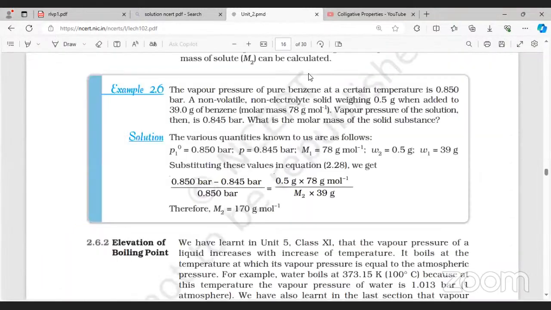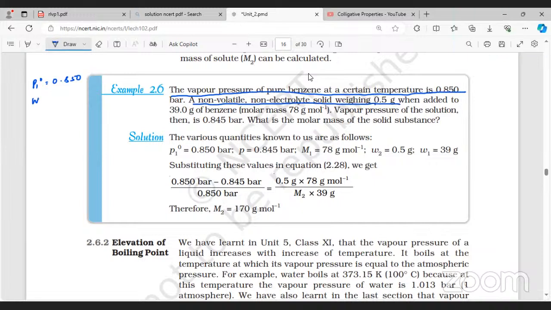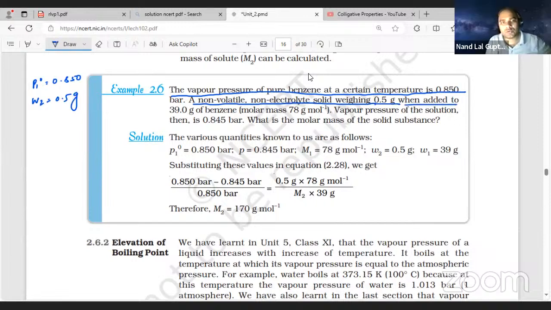The question says the vapor pressure of pure benzene at a certain temperature is 0.850. So P1 naught is 0.850. Next, a non-volatile, non-electrolyte solid weighing 0.5 gram, so W2 is 0.5 gram, is added to 39 gram benzene, so W1 is 39 gram.